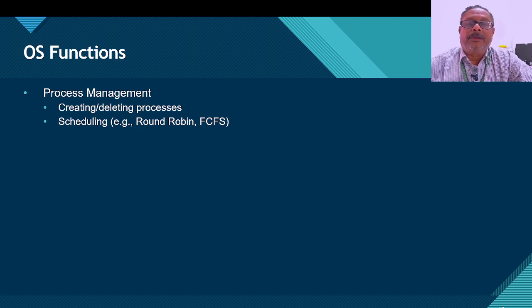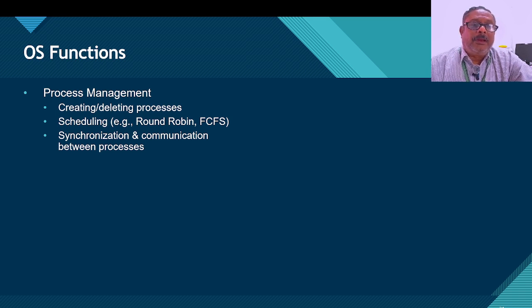It has to be done in a proper way, providing a fair chance for every process to get the opportunity to use the processor and get its work done. That's what we call scheduling. So we see various types of scheduling algorithms available under the process management.